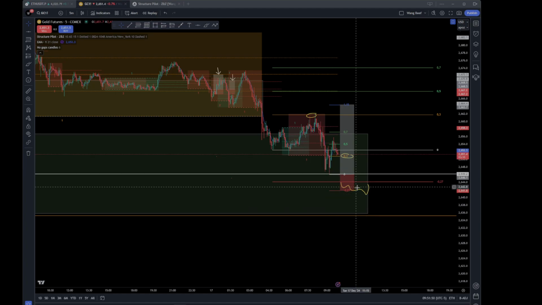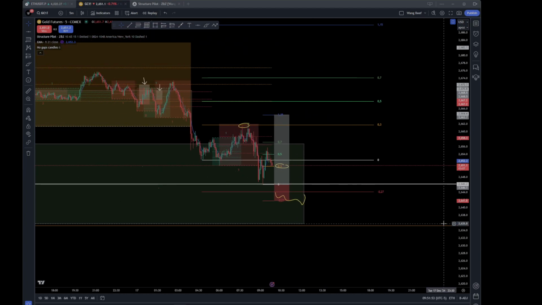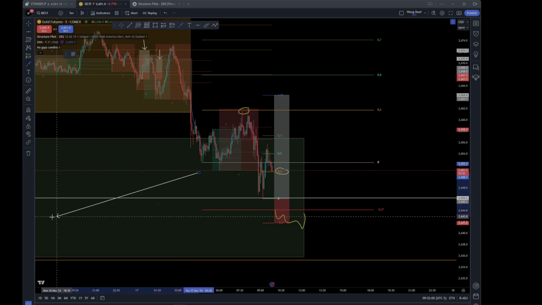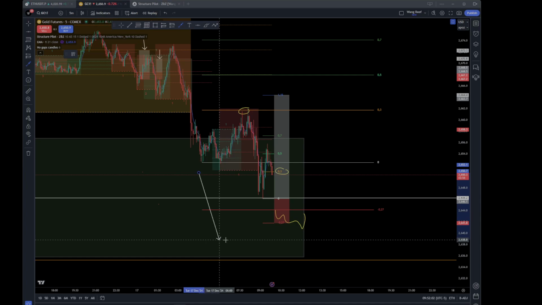Now I'll tell you what I do. When I find an entry like this, from a zone on the left, all of the above, you already know the drill, right?